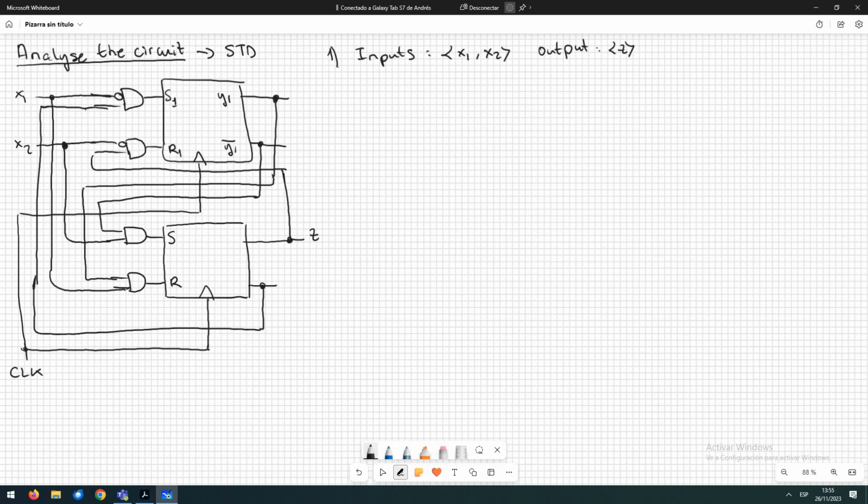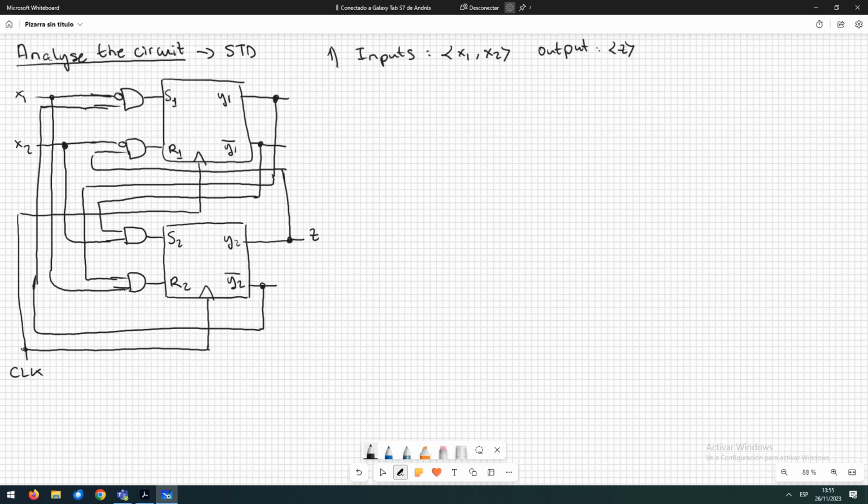So if this is my first bistable, this is going to be, for example, my second bistable. The state variable it stores is going to be, for example, Y2, and we always have the variable and the variable in its negated version.